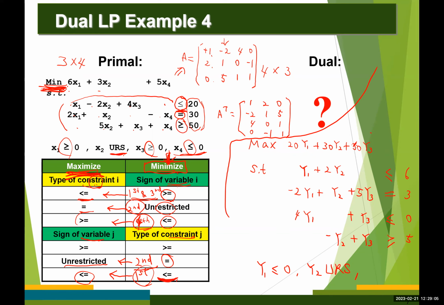And the last constraint, the third constraint in the minimization problem, has a greater than or equal sign. So in the maximization problem, the third decision variable must have a greater than or equal sign. So y3 must be greater than or equal to 0. Okay, so this is the dual LP given this primal LP.